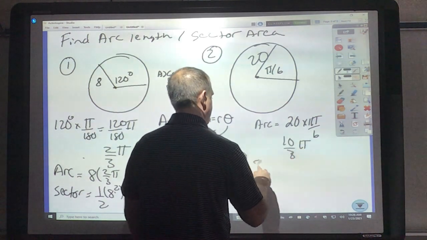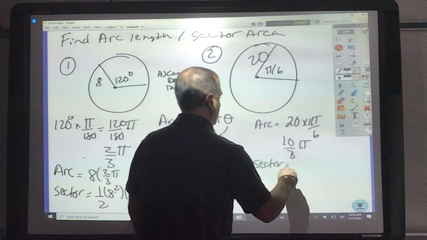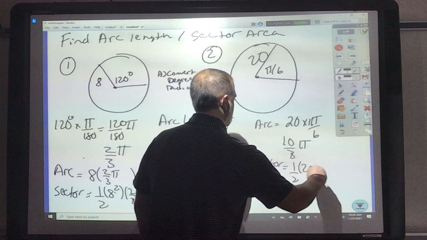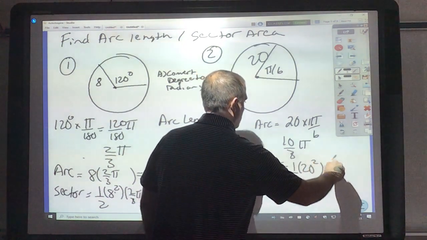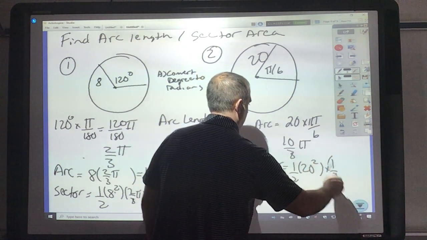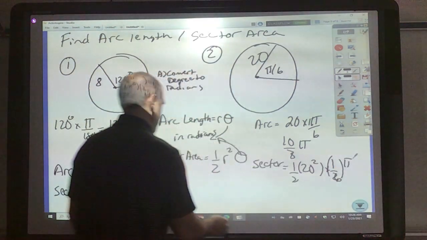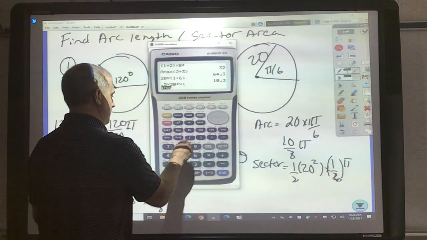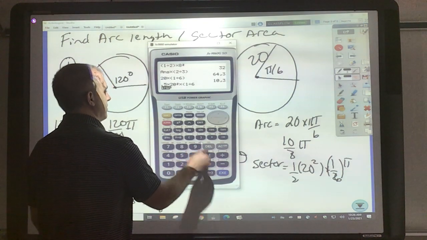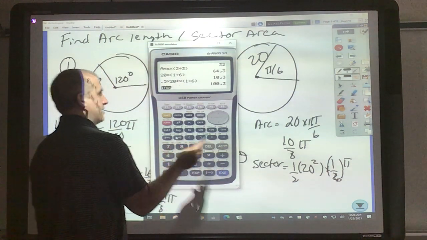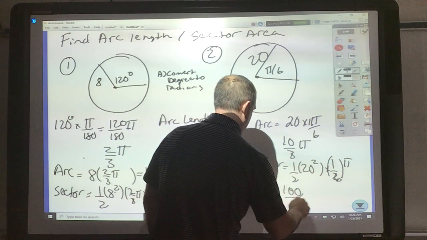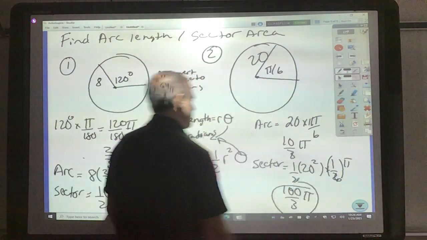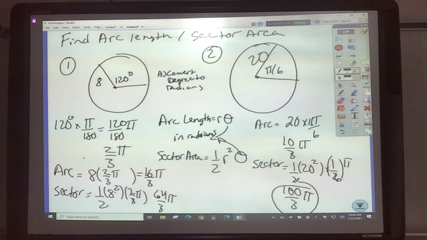And your sector area here would be 1/2 times 20 squared times the same 1/6 pi. That's going to be 100 over 3 pi. Easy to write in terms of pi. So that's pretty easy.